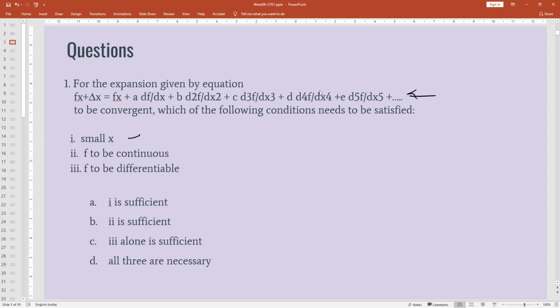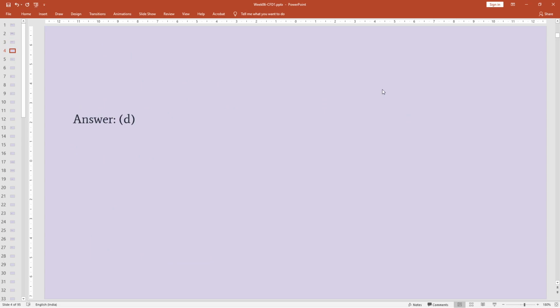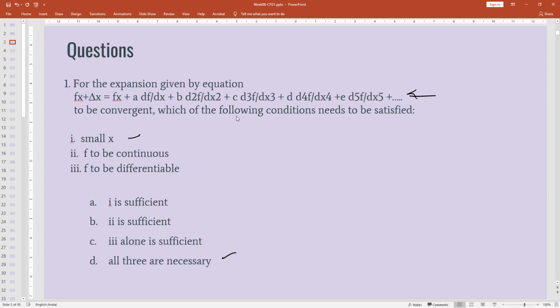Actually, no, it's not B. It's D. Actually, it's all three are necessary because this is a Taylor series expansion. A Taylor series is expressed for a function f which is continuous and differentiable.